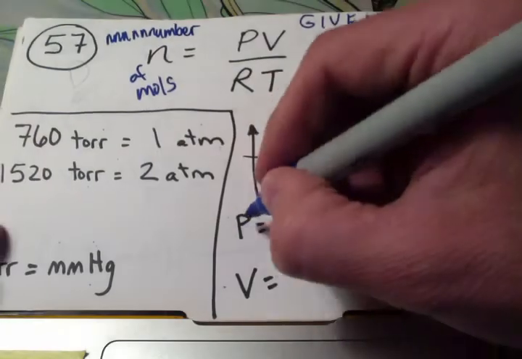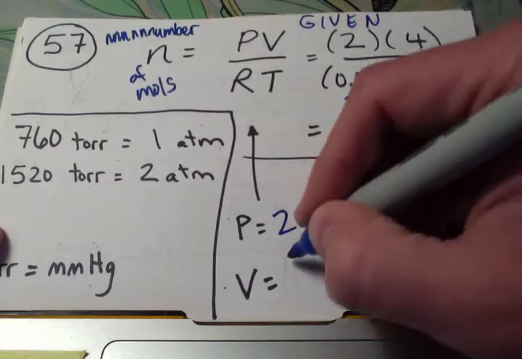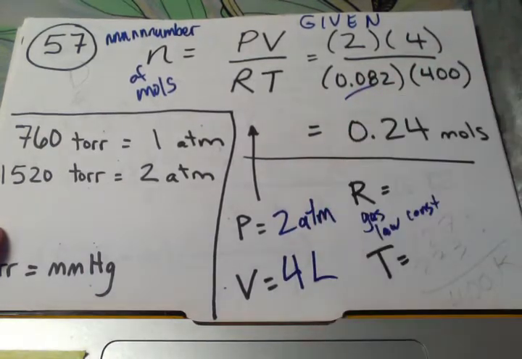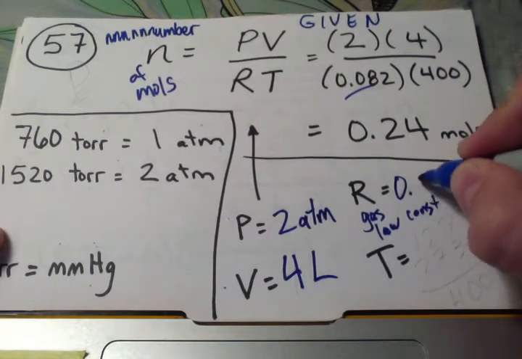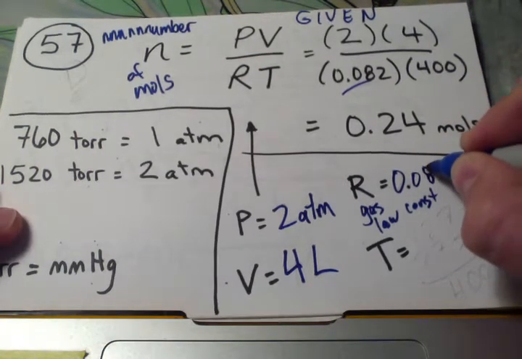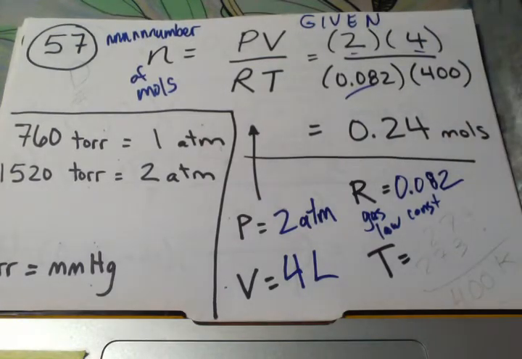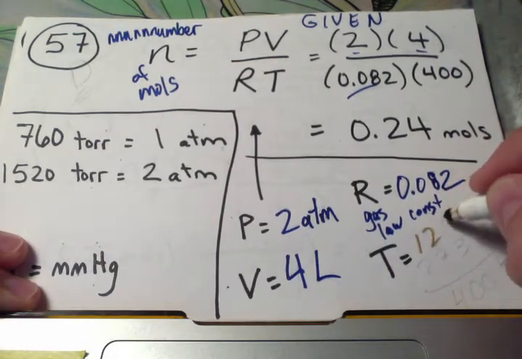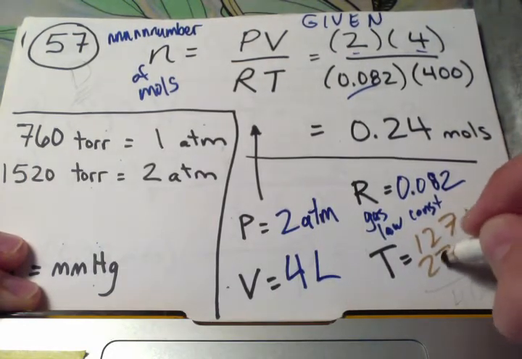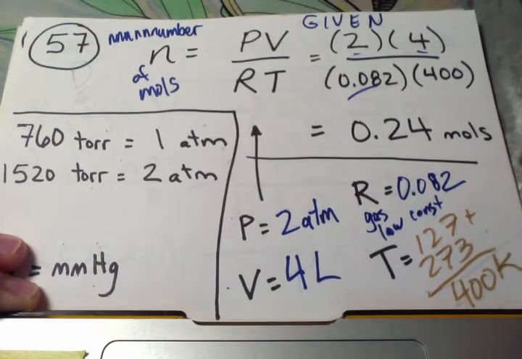But if you can recognize your pressure was 2 atmospheres, your given volume was 4 liters, that gas law constant, once again, you're given that. Your temperature, remember, I just see it in the denominator. That's my way to remember that the scale has to be adjusted.